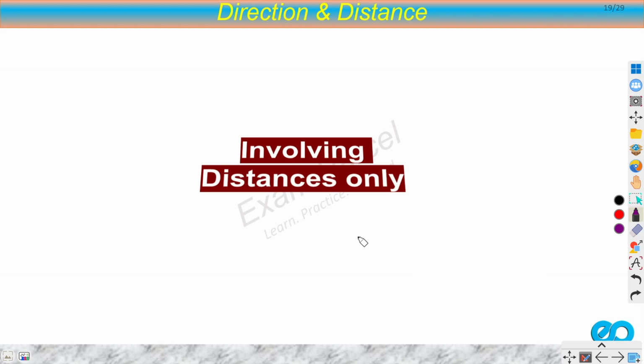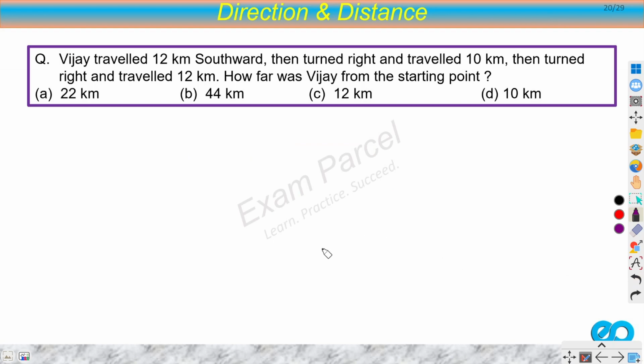Okay, now we will move on to type 2, involving distances only. The first question is: Vijay traveled 12 kilometers southward, then turned right and traveled 10 kilometers, then turned right and traveled 12 kilometers. How far was Vijay from the starting point? Let's say Vijay is starting from here.